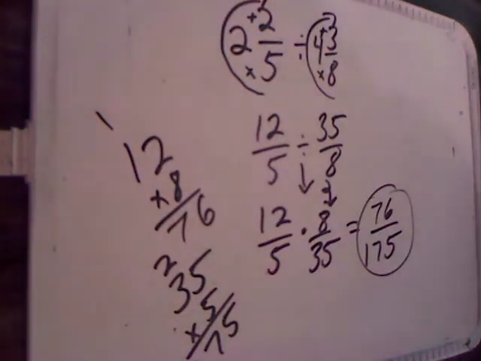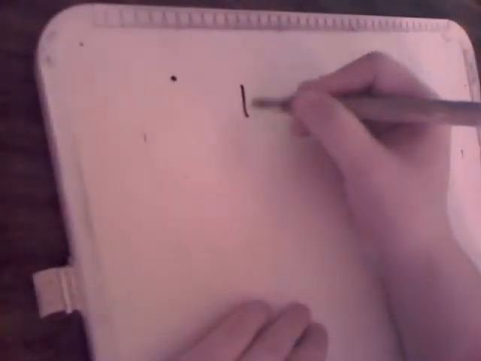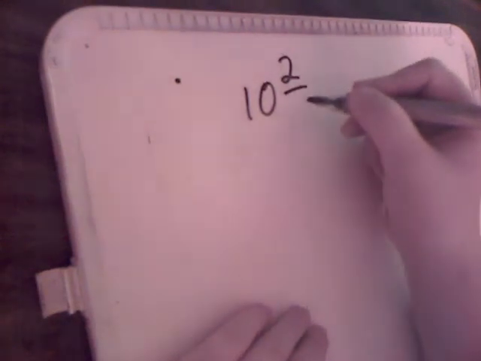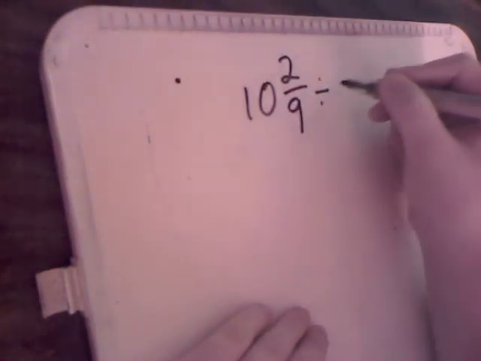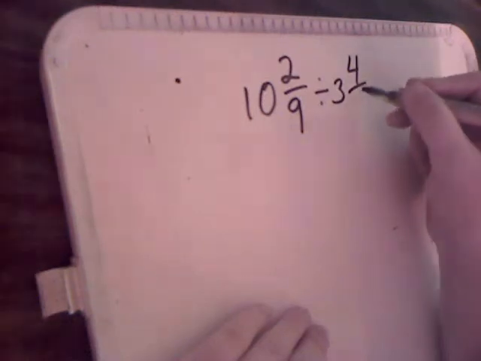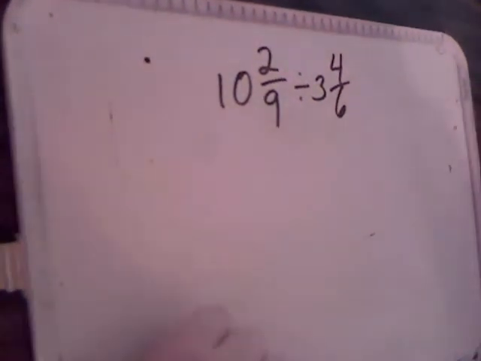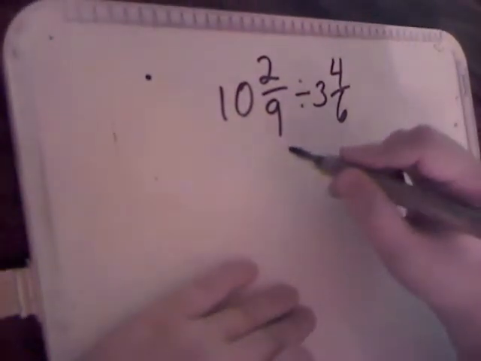We're going to take a look at one more problem in this video, and that problem is going to be 10 2/9 divided by 3 4/6. Now what you're going to want to do for this is the same thing. First you have to convert it to improper fractions.